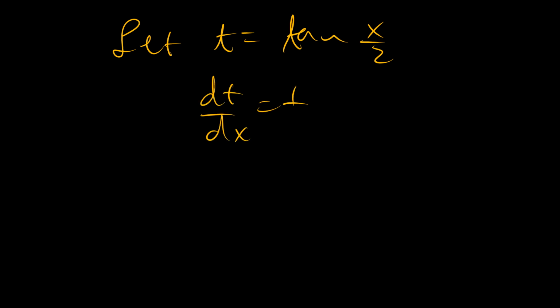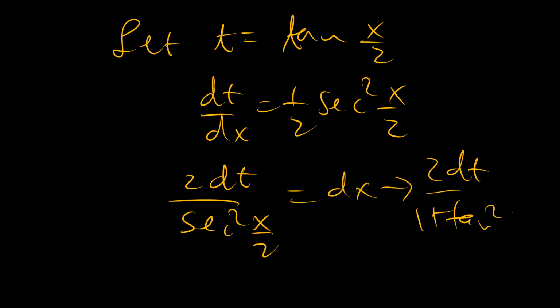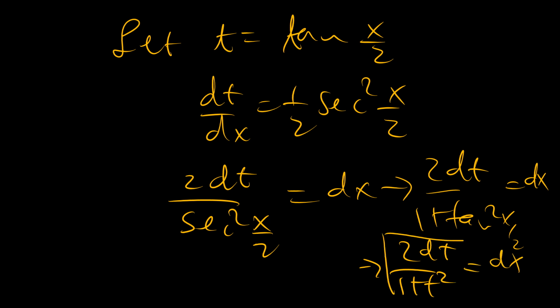So the first substitution we're going to do is let t be equal to tan x over 2, so that dt/dx is equal to a half sec squared x over 2, and that means that 2 dt over sec squared x over 2 is equal to dx, which means that 2 dt over 1 plus tan squared x over 2 is equal to dx, and tan x over 2 is t, so 2 dt over 1 plus t squared is going to be our next substitution.